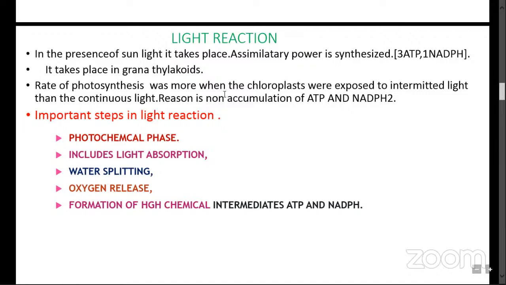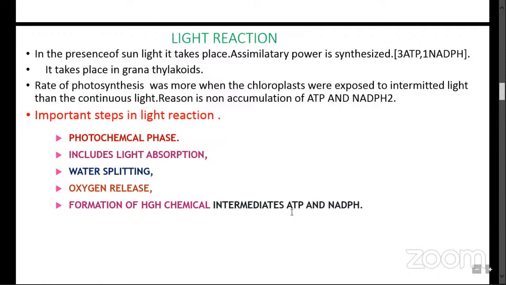The next important steps in light reaction. First one is the photochemical phase. Second is light absorption. Third is water splitting or photolysis of water. Fourth is oxygen release. And fifth is formation of high chemical intermediates like ATP and NADPH.